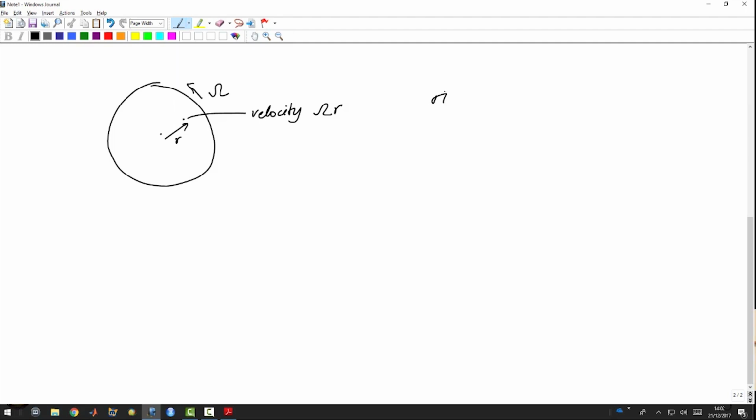So this is called a rigid body rotation. In this case, the material particle keeps on rotating, and so there is an overall rotational motion of a material particle.